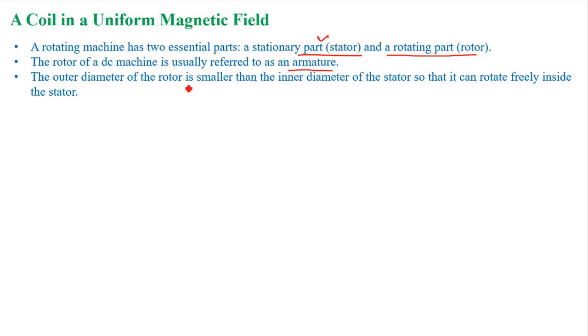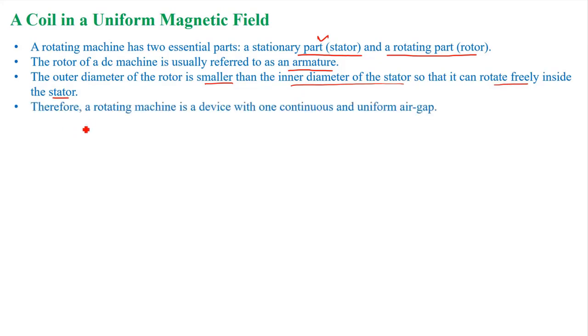The outer diameter of the rotor is smaller than the inner diameter of the stator because the rotor has to be accommodated inside the stator, so that it can rotate freely.